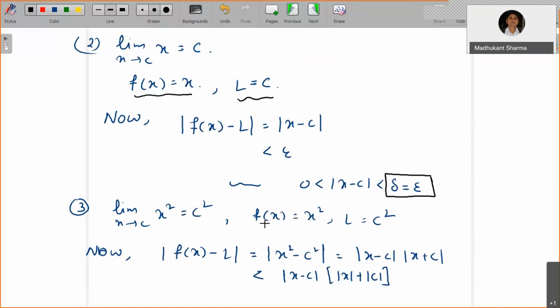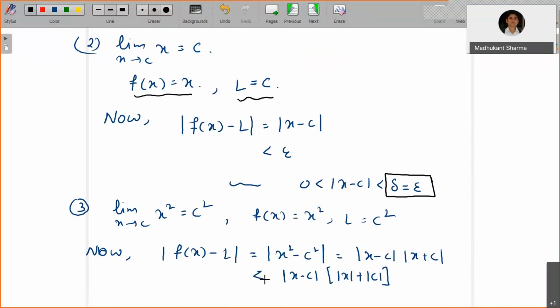Now look at the third example. Limit x tends to c of x square equals c square. If you compare, f(x) equals x square and L equals c square. Now compute their difference. In magnitude, mod of f(x) minus L equals mod of x square minus c square, that is equal to mod x minus c into mod x plus c.